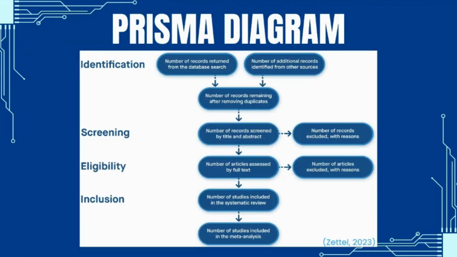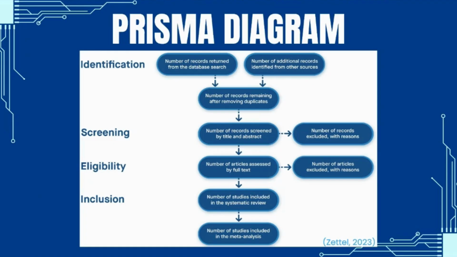The PRISMA flow diagram is an essential component of every systematic review. PRISMA stands for Preferred Reporting Items for Systematic Reviews and Meta-Analysis, and it is a widely adopted framework for reporting systematic reviews. The flow diagram is a visual tool used to track and document the review process. It's especially important for screening and inclusion of studies.